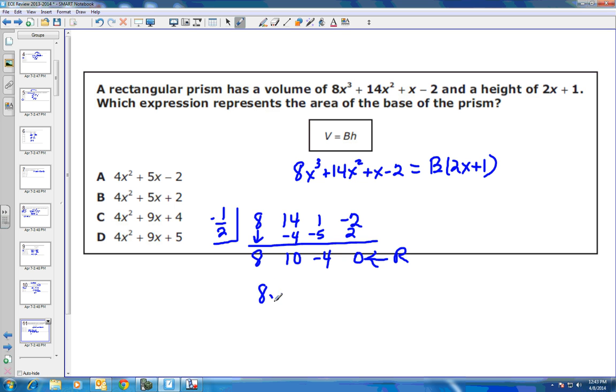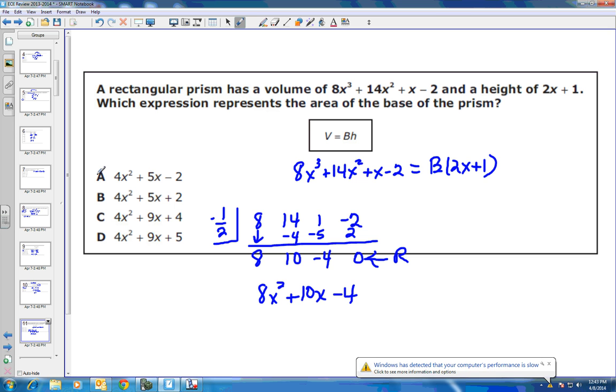Okay, so now look. Why is it that my answer is not there? Because when we had negative 1/2 here, what did we always have to do to our answer? Divide it by 2. And if you didn't remember that, you can reason it out: well, this is my answer, but it's multiplied by 2.